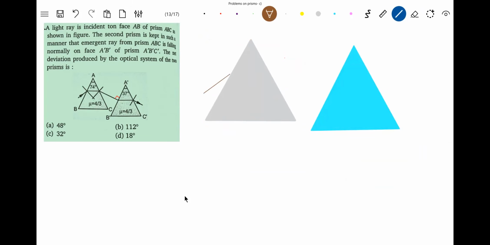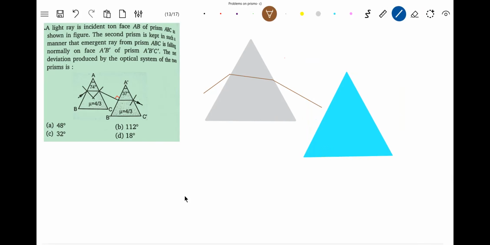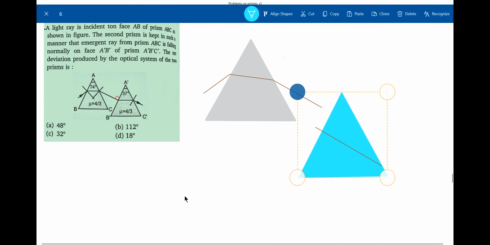First it is incident here. Then this is incident normally, no?